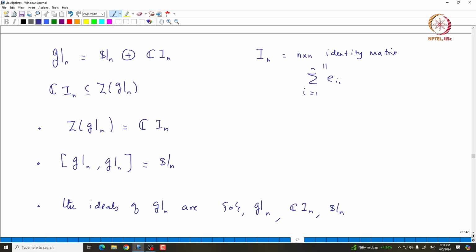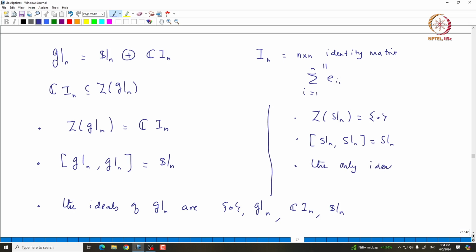Okay. Now, using this one can actually verify that SL_n must be a simple algebra. In particular, the center of SL_n must be trivial and the derived algebra of SL_n must be itself, and moreover the only ideals of SL_n are 0 and SL_n.